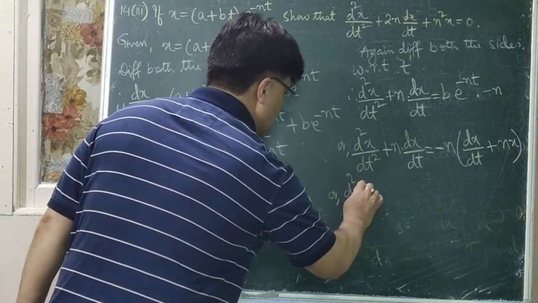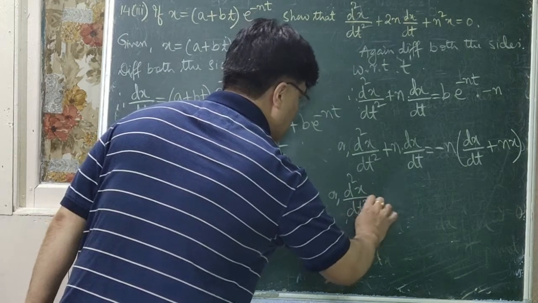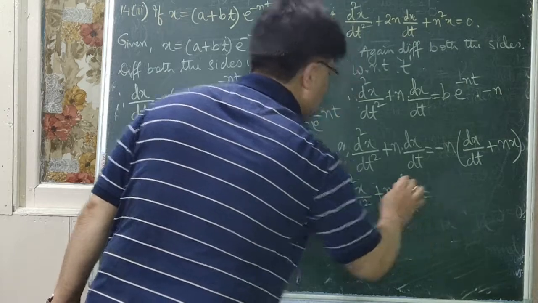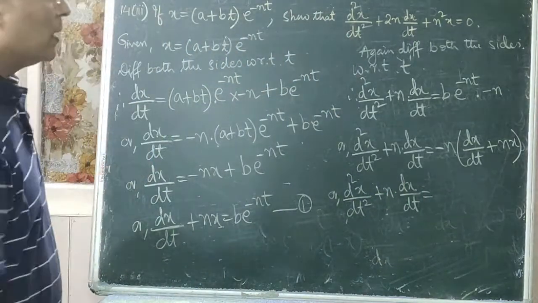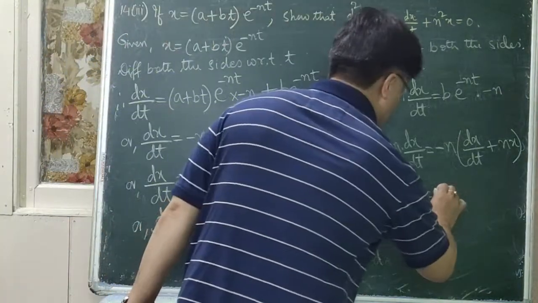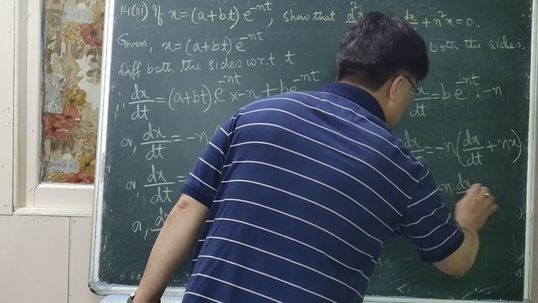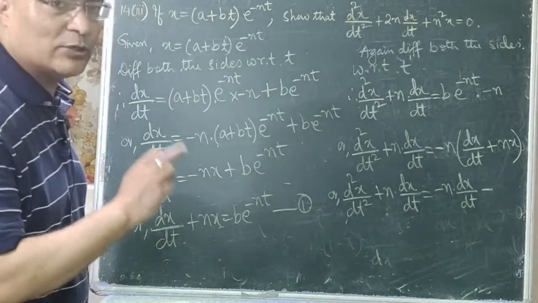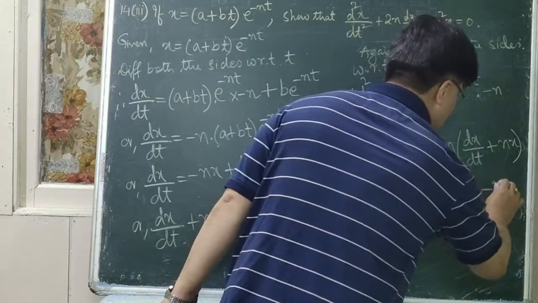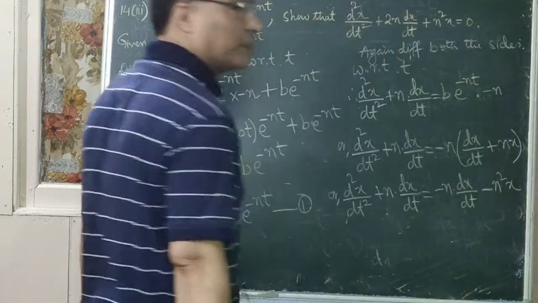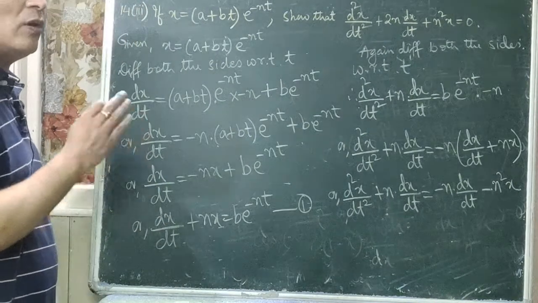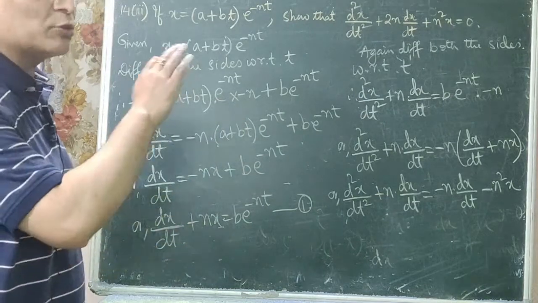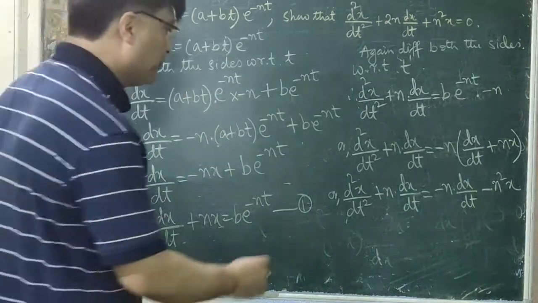d square x by dt square plus n into dx by dt is equal to, now multiply by minus n here, minus n into dx by dt, minus into plus, minus n into nx, what do we get? It is minus n square x. Now let us take all the terms on the right hand side to the left hand side, so that the right hand side becomes 0.